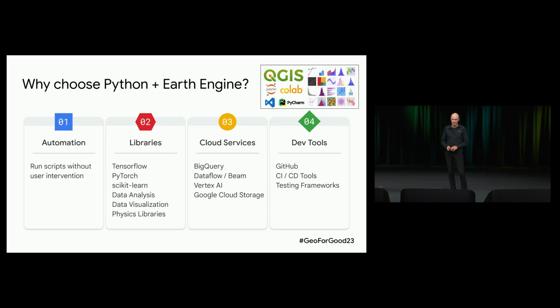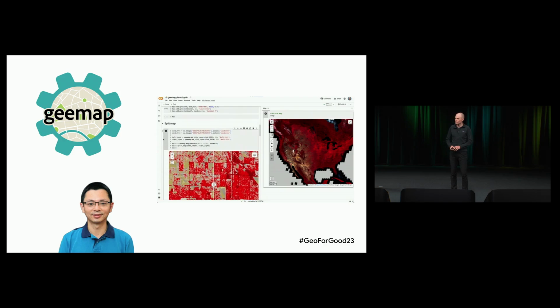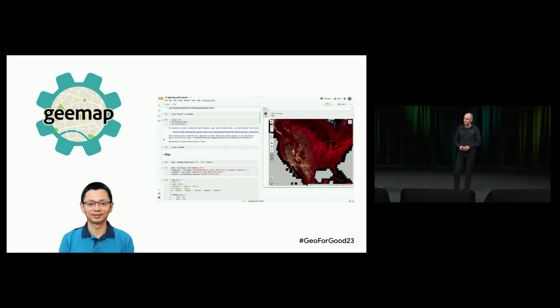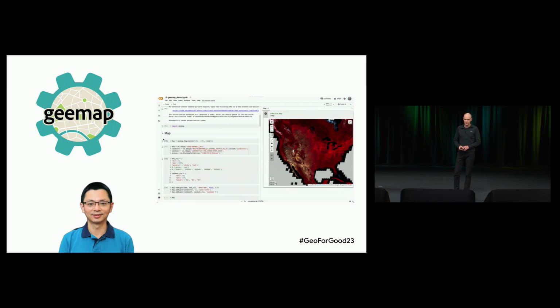And so there's a lot of reasons you might want to use Python, but it's challenging when you don't have an interface to interact with the data that you're requesting.